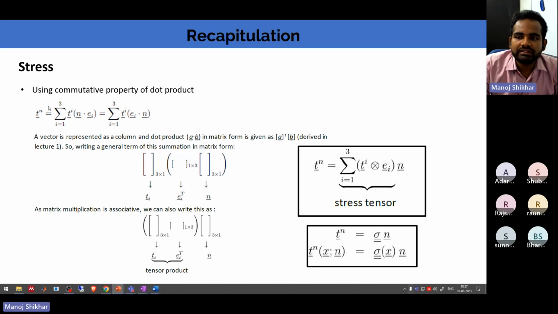So we can replace Tn by this whole term. Because n is common and not part of the summation, Tn will be sigma into n. Here one important thing comes out: the stress tensor sigma depends upon the point only. It does not depend upon the plane. But our traction vector depends upon both point and plane.